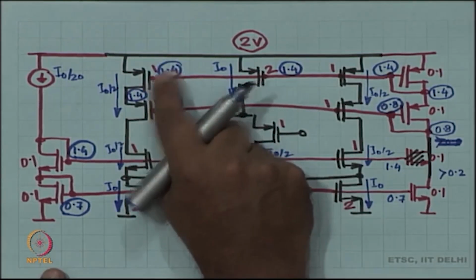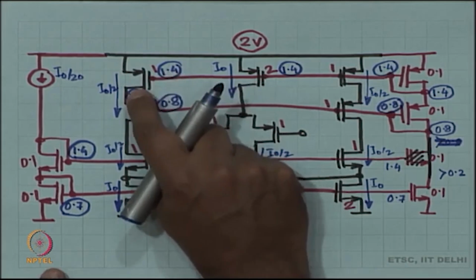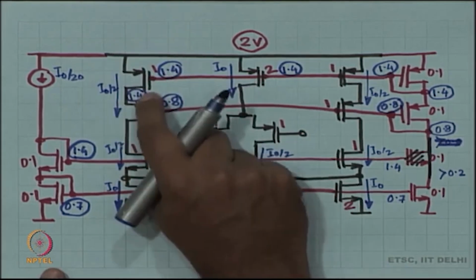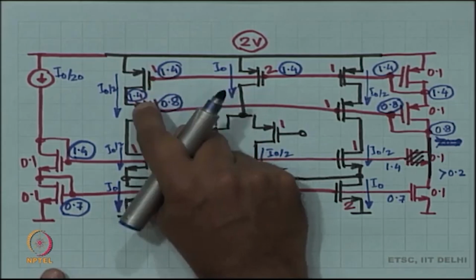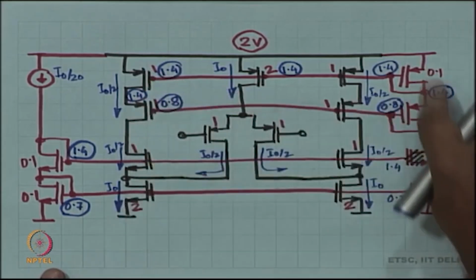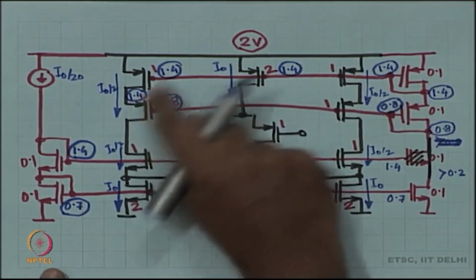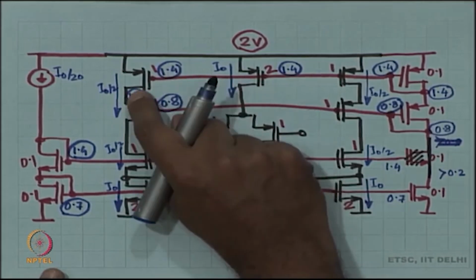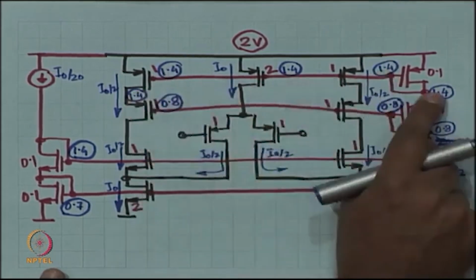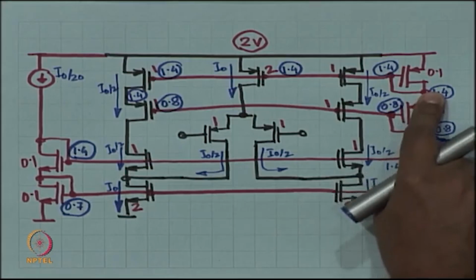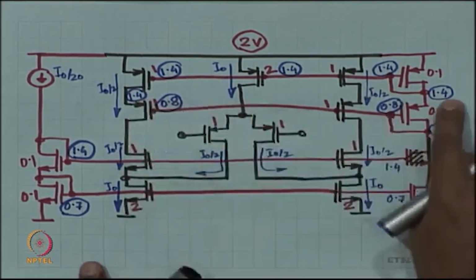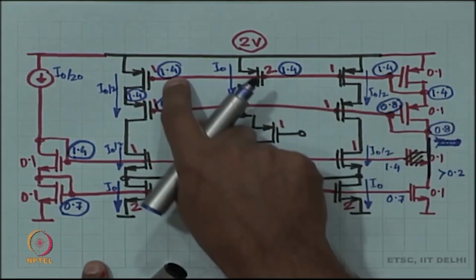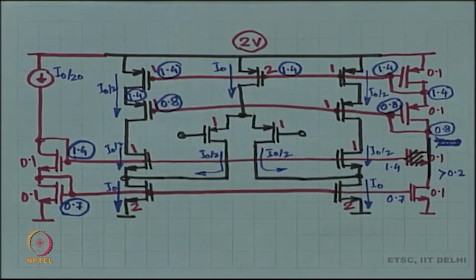The Wilson action makes sure that the reflected current is exactly identical to the reference, and that is because both gate and drain are at the same voltage as that of the reference branch. So, that is why this was 1.4, this is also 1.4, this is also 1.4, fine.